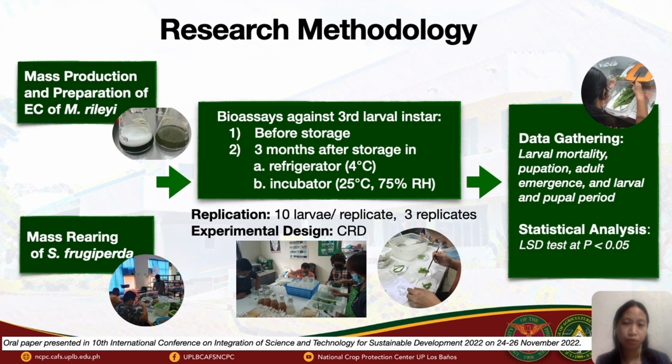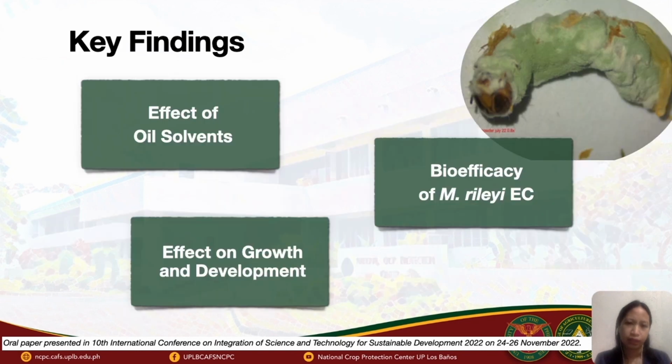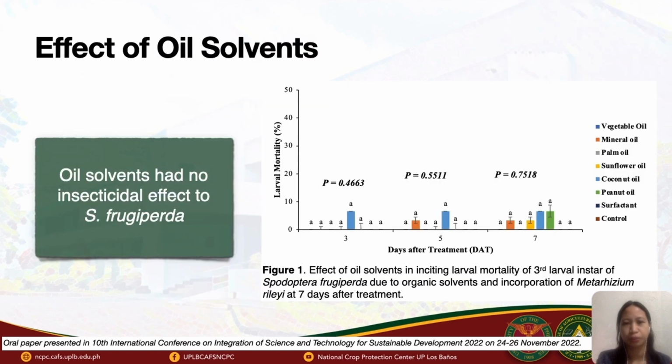Mycosis of larvae was also noted. Analysis of variance was computed and means were differentiated in statistical analysis software using least significant difference, or LSD, with a p-value less than 0.05. The following slides will highlight our findings on the effect of oil solvents, the bioefficacy testing of EC formulations before and after storage, as well as the effect on growth and development.